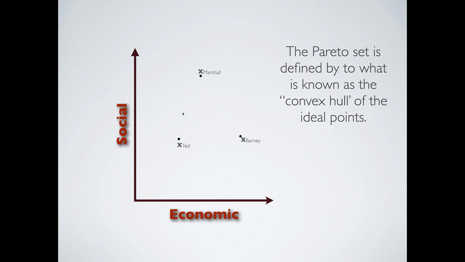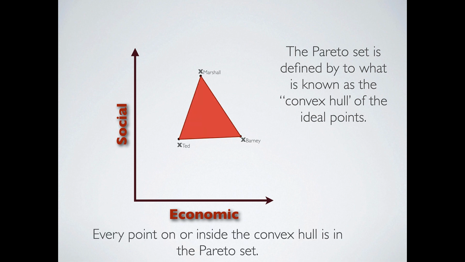The way to think about the convex hull is, say I tied a string around Marshall's ideal point, like these are pegs in a board, and I pull the string around back to Marshall and I pull it tight. It's going to form, for these guys, a little triangle. That's the convex hull. That is the Pareto set. So every point on or inside the convex hull is in the Pareto set.